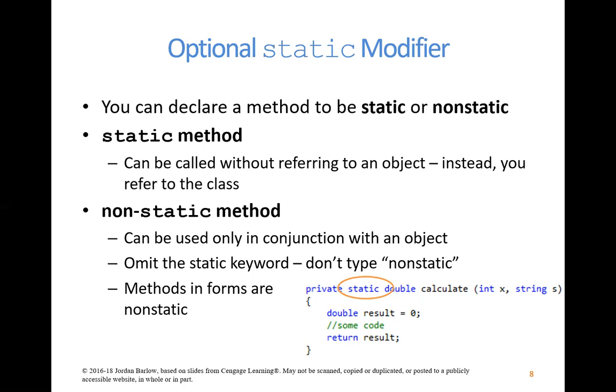If we were doing more complicated programming where we were writing code that isn't associated with a form, or if we were doing text-based applications, like some of the examples shown in the textbook, then we could use static methods. But methods within forms are associated with that form object, and so they are non-static.